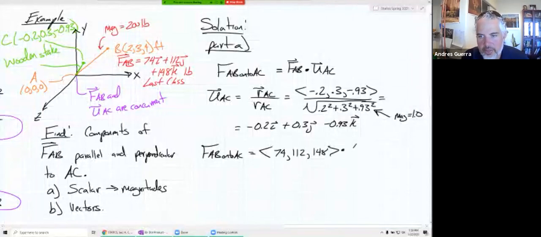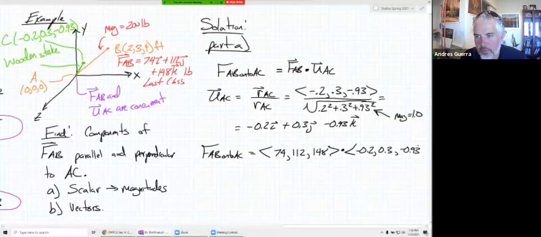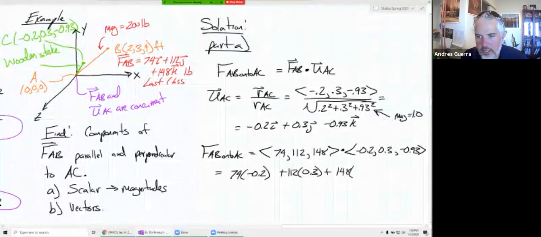And then we're going to dot this with a minus 0.2, a 0.3, and a minus 0.93. And so then this is going to be equal to 74 times minus 0.2 plus 112 times 0.3 plus 148 times minus 0.93.